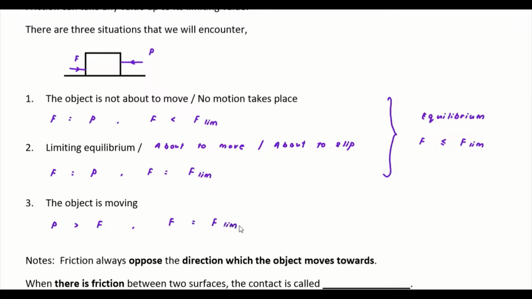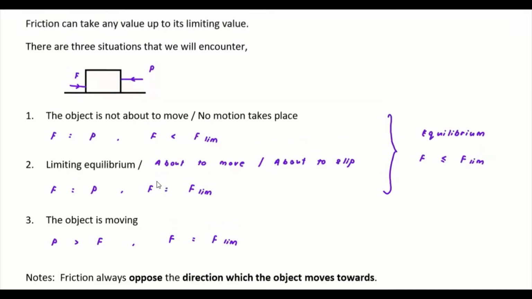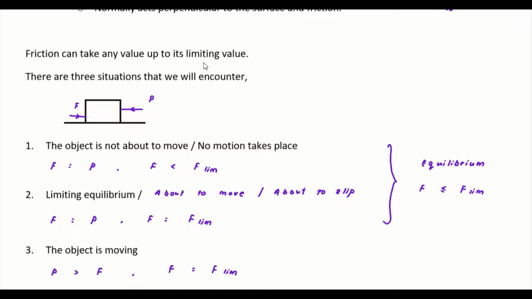It's just that your force already exceeds this limiting friction. So that's why the object is moving. Okay, so I want you to remember which one is greater than which one and which is smaller. For the friction, it can only take any value up to its limiting value.